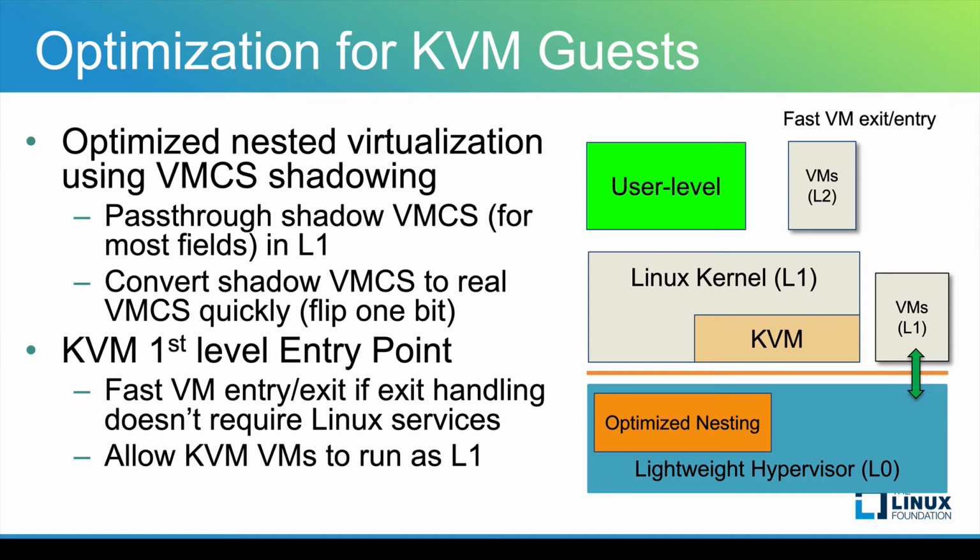For more complex handling, we need to go back to KVM, so we need to enter the KVM or the DOM0 for that part. But it's still faster as long as we can handle it within the L0 hypervisor. In that case, the L2 VM looks like an L1 VM.